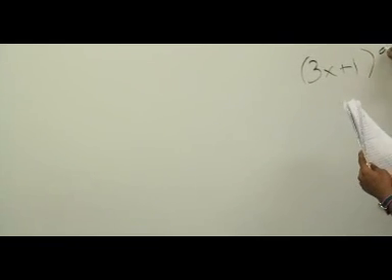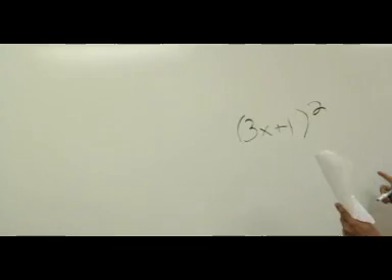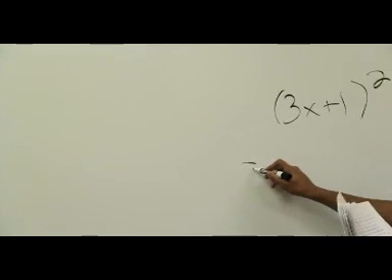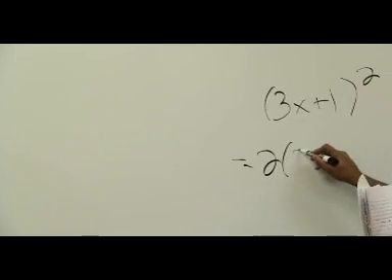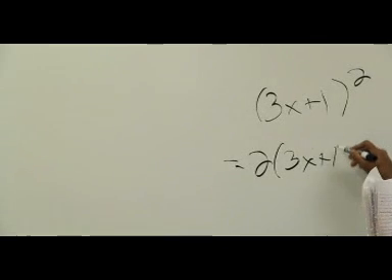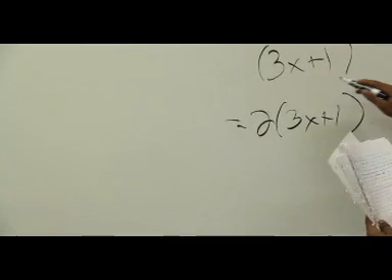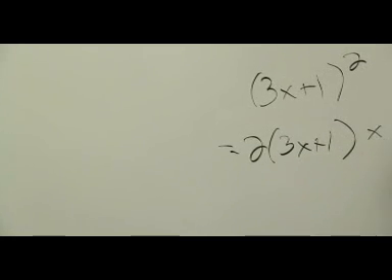The first is u substitution. This method is the opposite of the chain rule. And the chain rule differentiates compositions of functions, such as the function (3x + 1) to the second power. The chain rule will take the derivative of the whole function, which will be 2(3x + 1), and then multiply it by the derivative of just the inside.